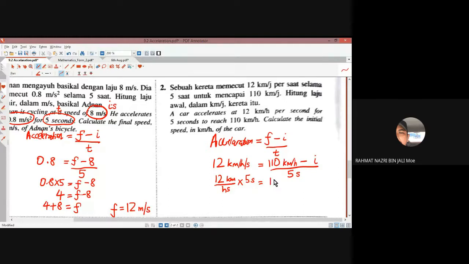So on the right we have 110 minus I. So S here, unit second, we can cross it. So we have 12 multiplied by 5, we get 60. So 60 kilometer per hour is equal to 110 minus I.